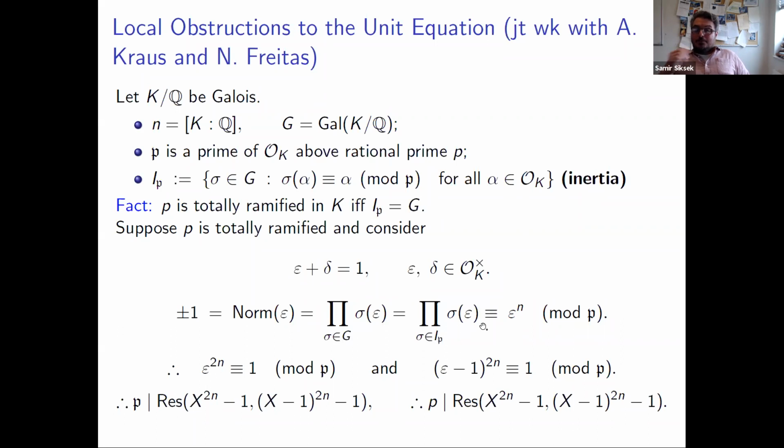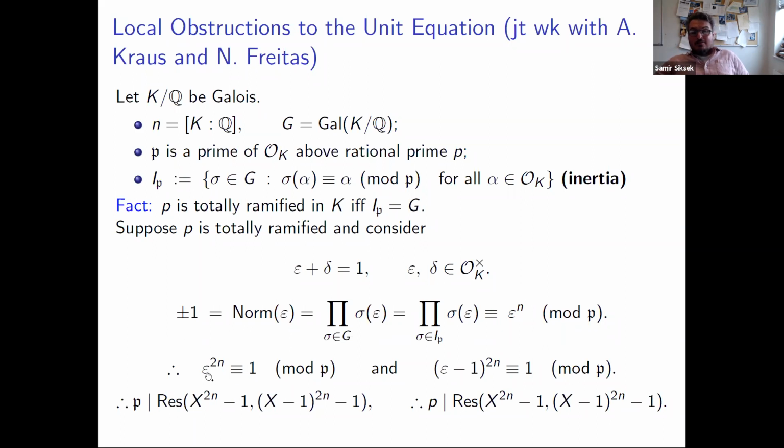And sigma of epsilon is congruent to epsilon mod P by the definition of inertia. So I get epsilon to the n, where n is the degree. And so this tells me that epsilon to the 2n is congruent to 1 mod P. I've only used epsilon so far, but I can do the same thing for delta. So delta to the 2n is congruent to 1 modulo P, but delta is 1 minus epsilon. So epsilon minus 1 to the 2n is also congruent to 1 mod P.